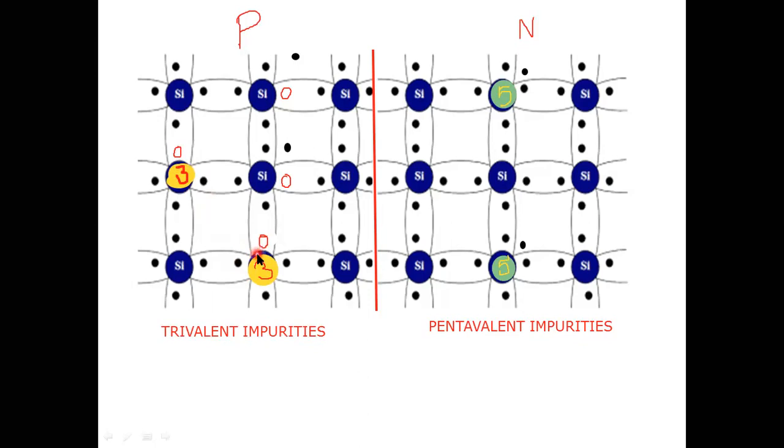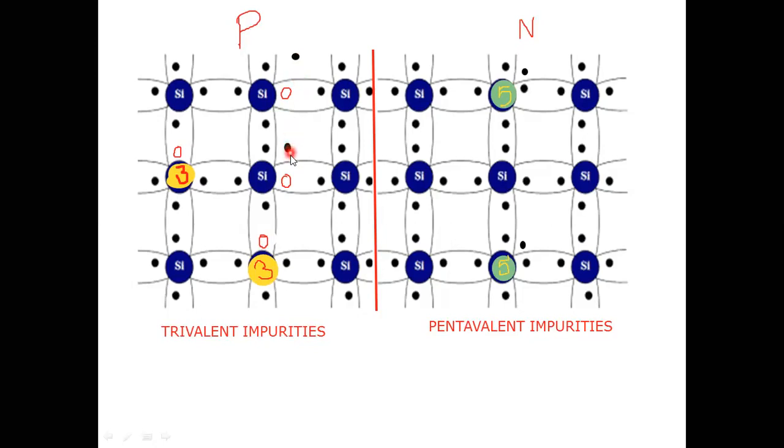And if I raise the temperature, what will happen? Some of the electrons which are in covalent bond with other silicon atoms will break the bond and come outside. If they come outside, then holes will also be formed here. So here there are a lot of holes and electrons also.